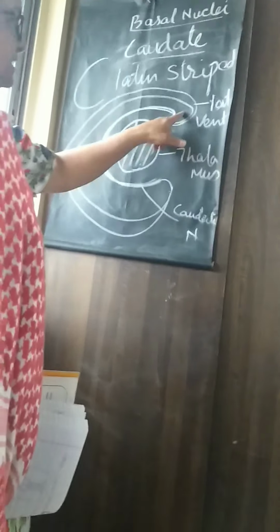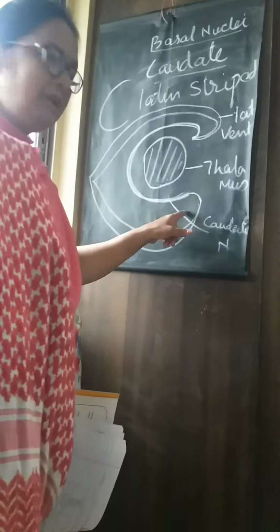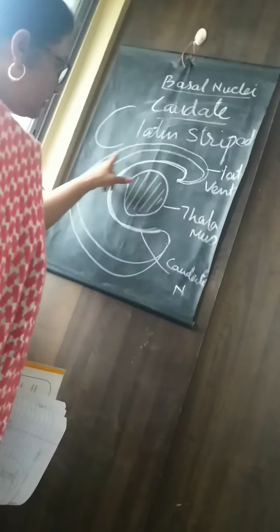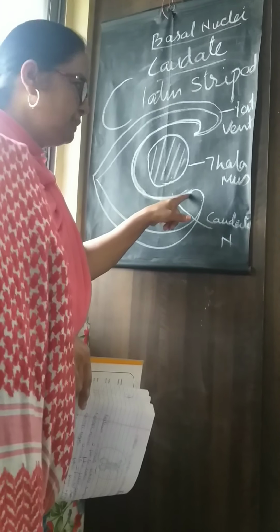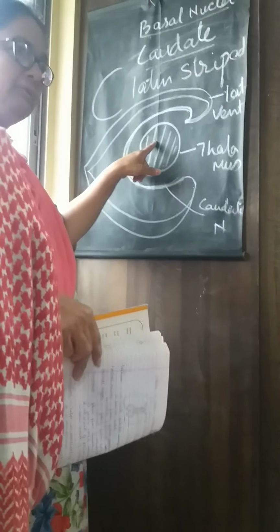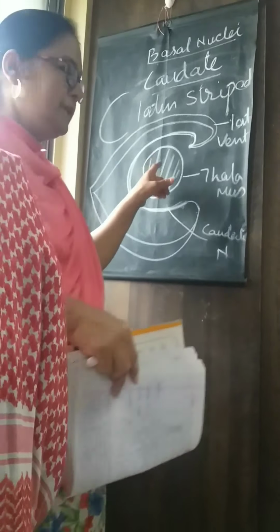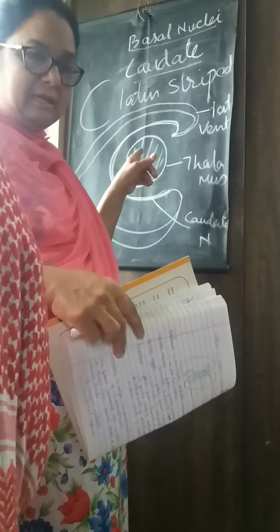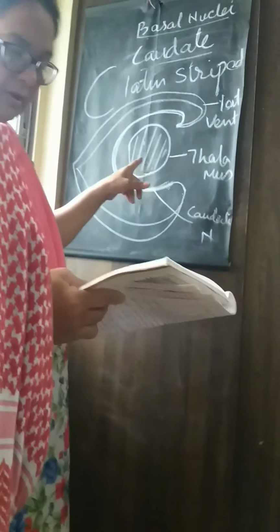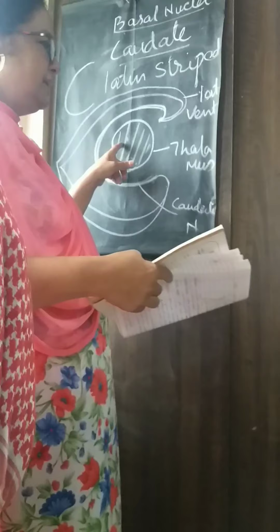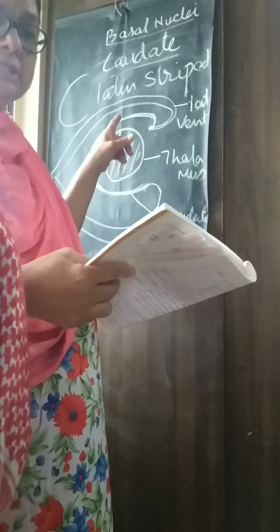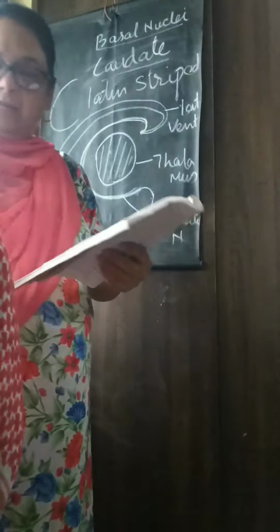Within this caudate nucleus, in this cavity, there is the presence of the thalamus. The concavity of the C encloses the thalamus and the internal capsule.